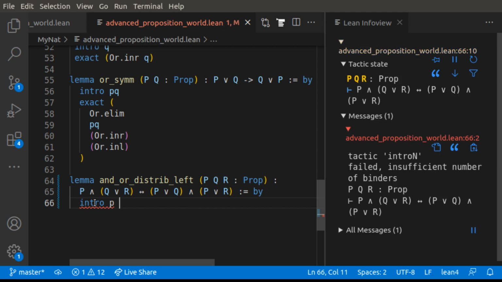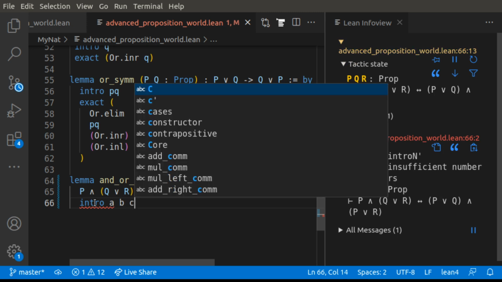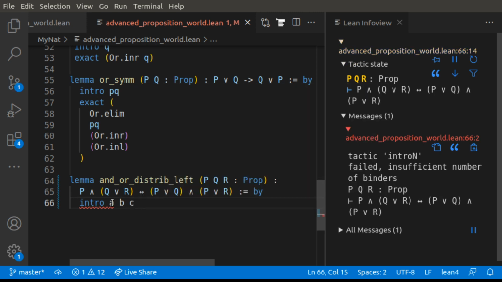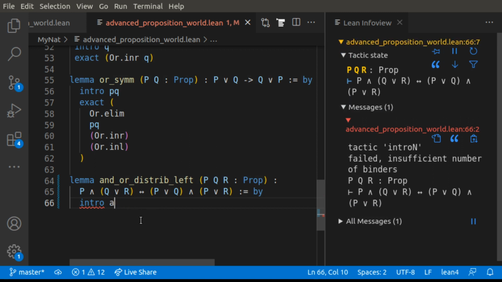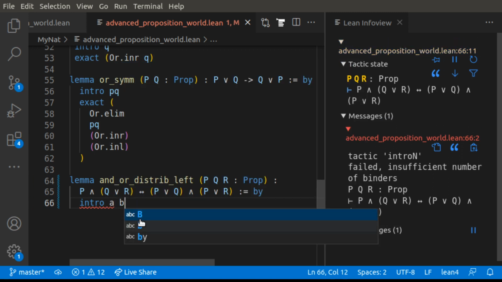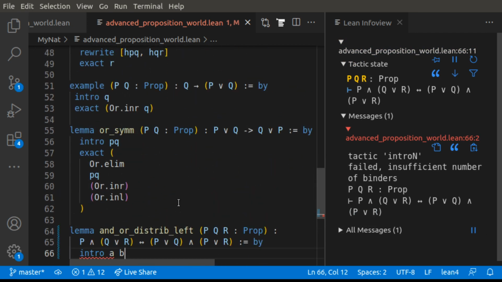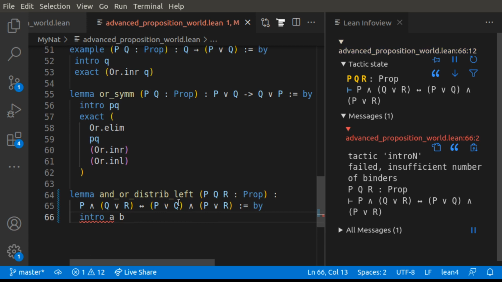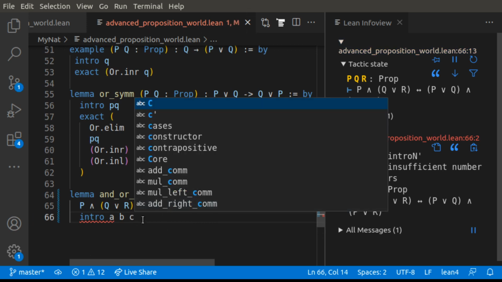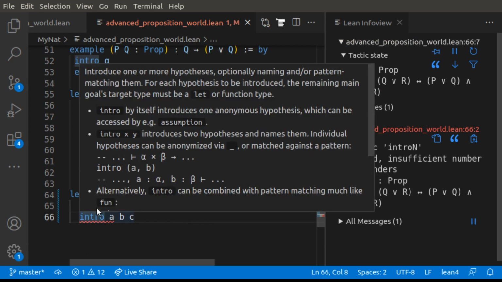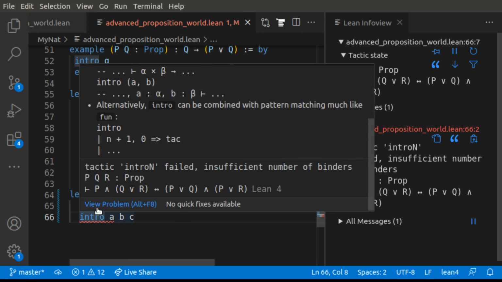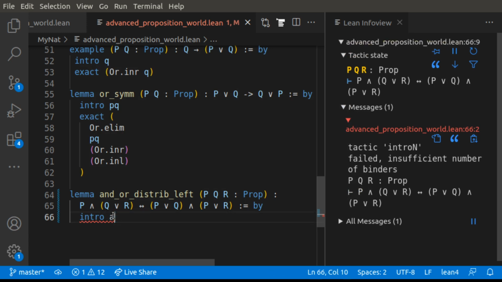P, Q. How many things do we need to intro? Not just one thing that we're introducing.